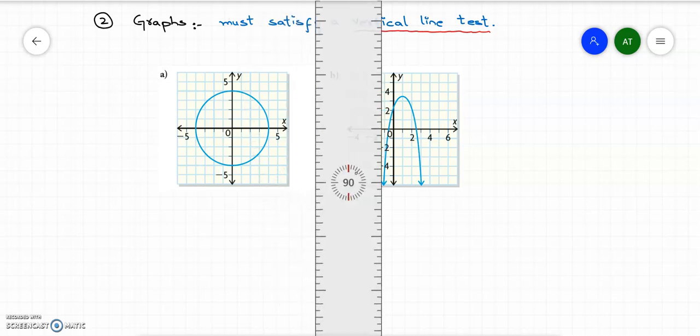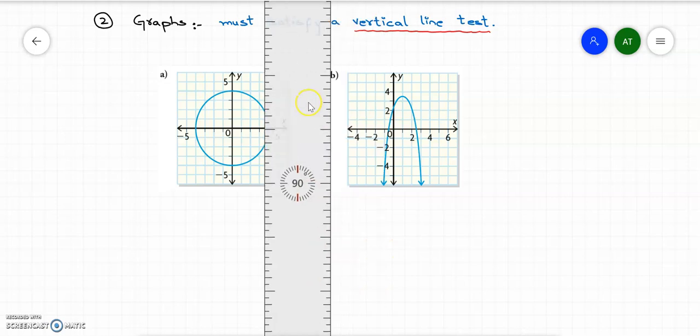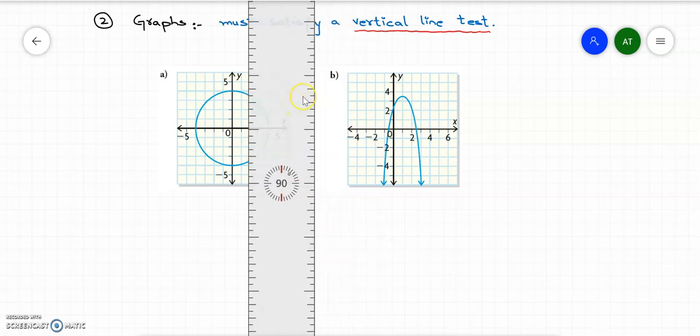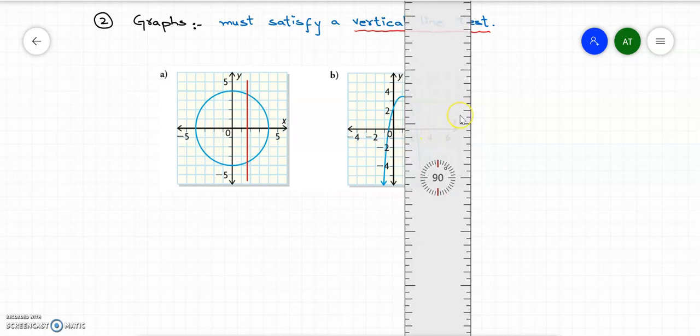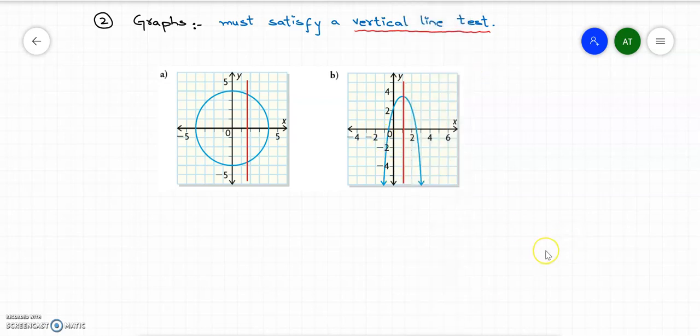Let me draw a vertical line on the first graph. You can draw a vertical line at any point. Let's draw a vertical line on the second graph as well. Now let's see which graph satisfies the vertical line test and which one is a function.